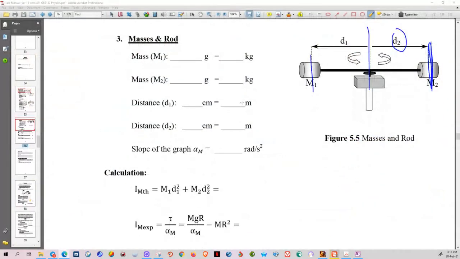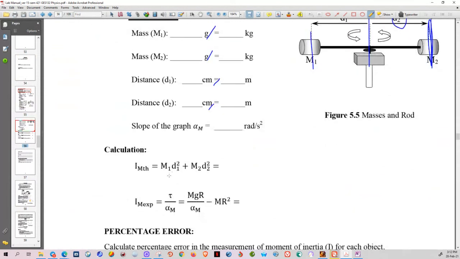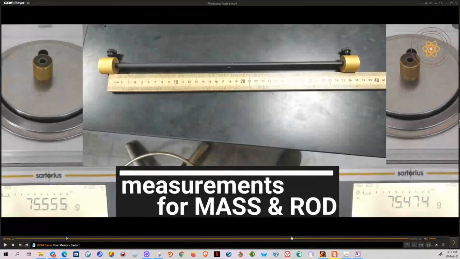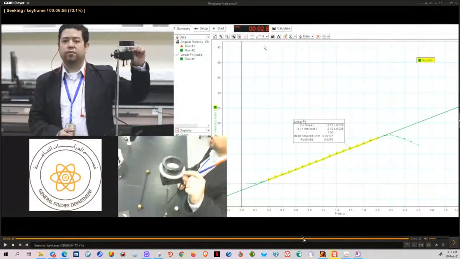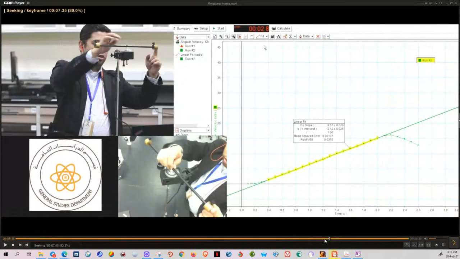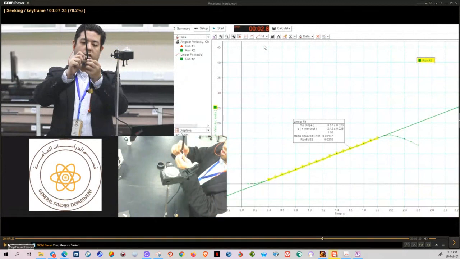Okay. Once you have D1 and D2, and M1 and M2, you have to calculate this. From there, you will find the inertia, and then you will find the slope from the experiment. So let's go and find the slope for our mass and rod. Okay, watch this.